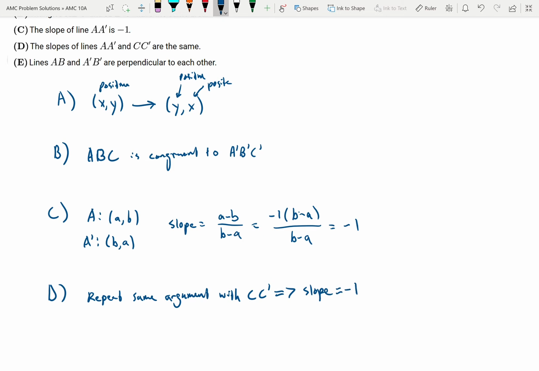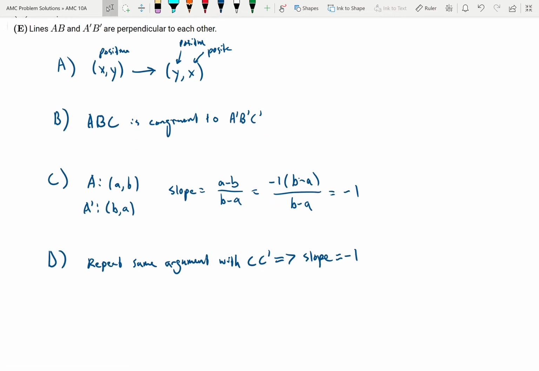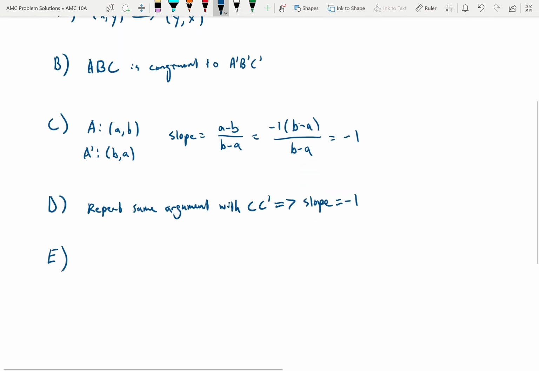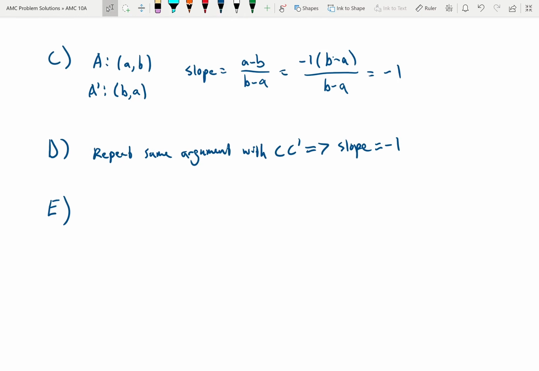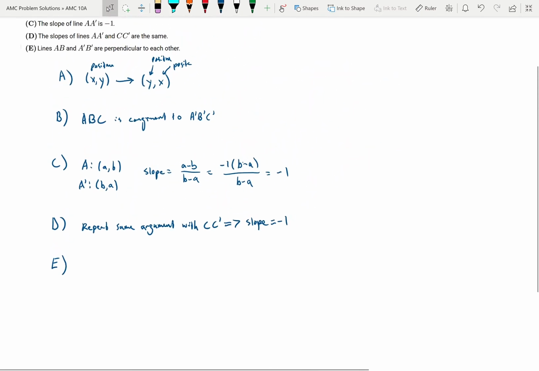Therefore, -1 equals -1. Those slopes are going to be the same. So that is, again, always true. So I'm pretty sure by process of elimination, E is going to be our answer. That's going to be the one that's not always true. But let's look at it to see why exactly E is not always true.